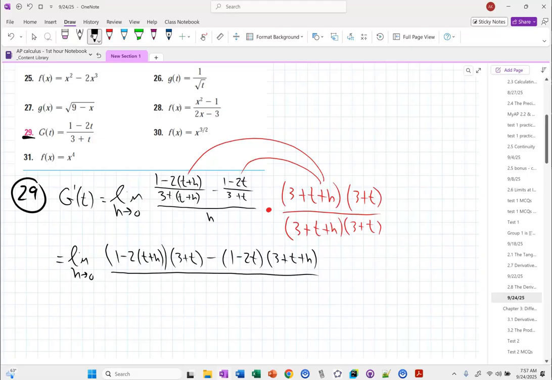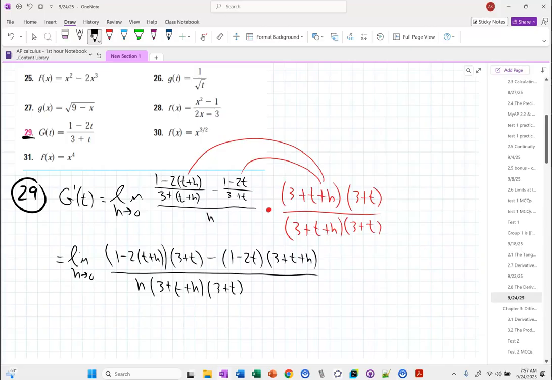And that's now all over h times (3 plus t plus h) times (3 plus t). And I've knocked out the complex fraction part, right?